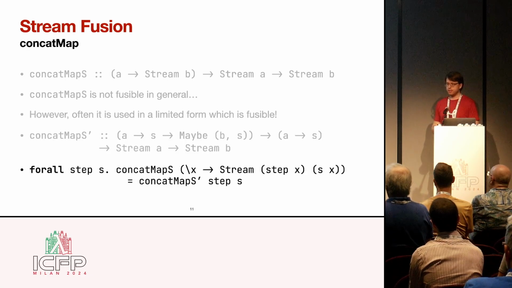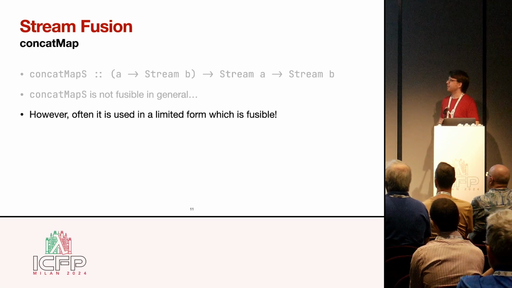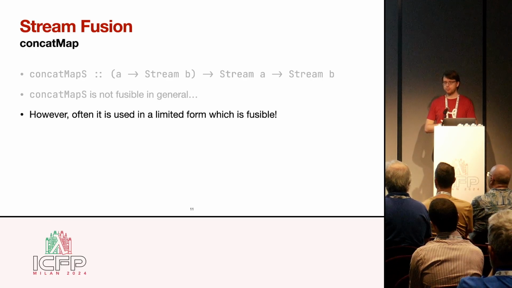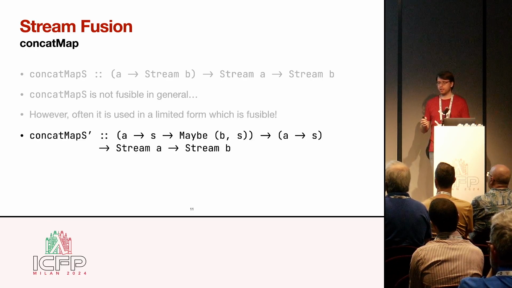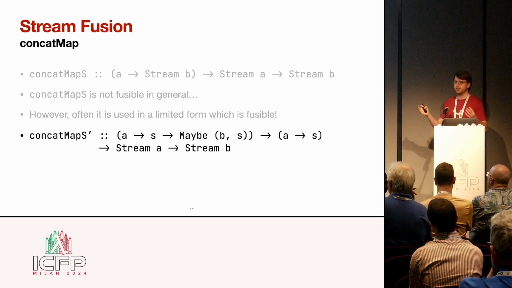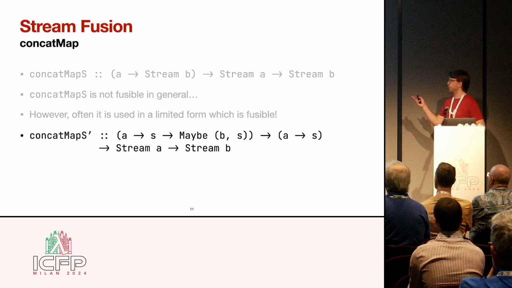But luckily, it's often used in a limited form, which is fusible. This limited form can be described by this concatMap S prime function, where we see that we have essentially the stepper function and the initial state directly available as arguments to this function. The exact details on why this is better can be found in the paper.